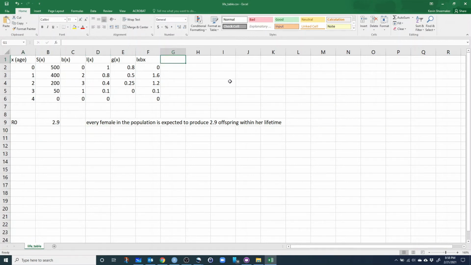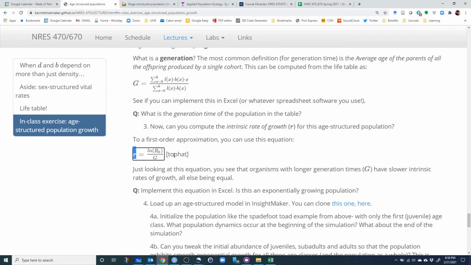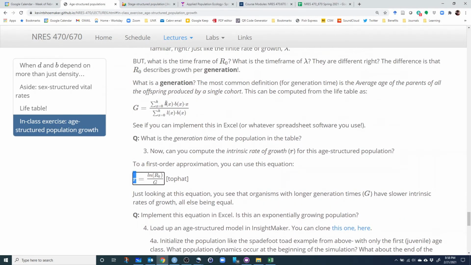So in order to compute generation time, we have to make another quantity, Lx(bxx), which is just representing the survivorship for every age class times the birth rate for every age class times x, the actual age. And if we copy that formula down, we can then start computing generation time, which is just the sum of this quantity Lx(bxx) divided by the sum of the quantity Lx(bx).